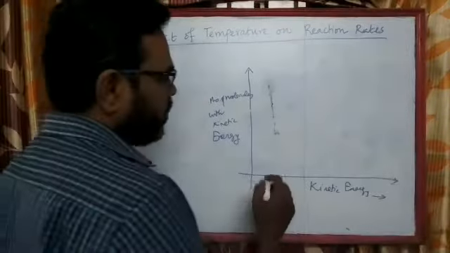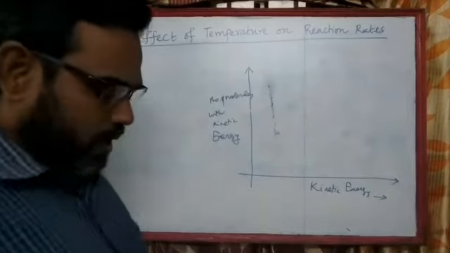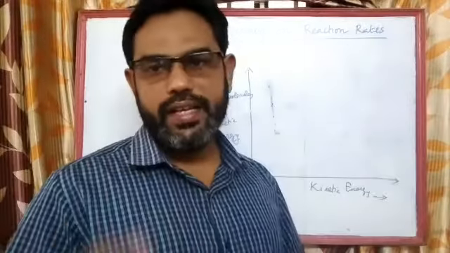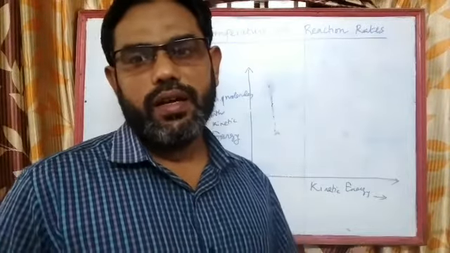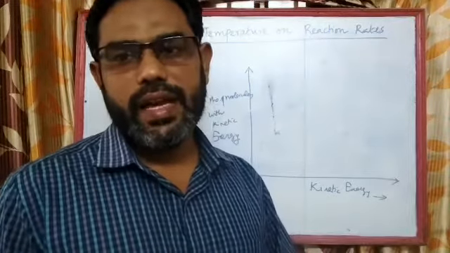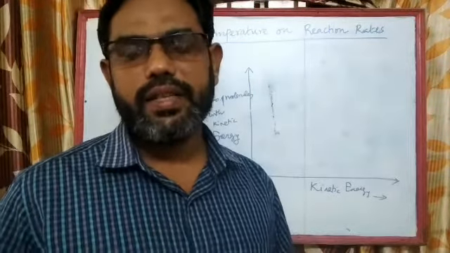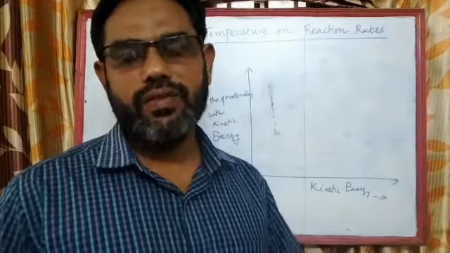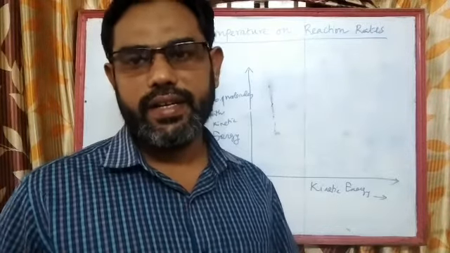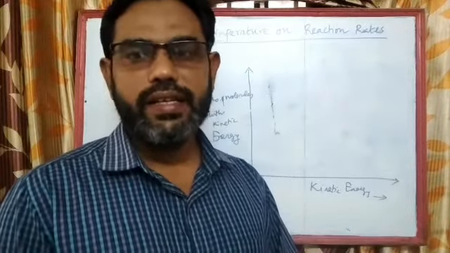In this diagram I am going to study a particular chemical reaction at two different temperatures, say 25 degrees centigrade and an elevated temperature of 35 degrees centigrade.